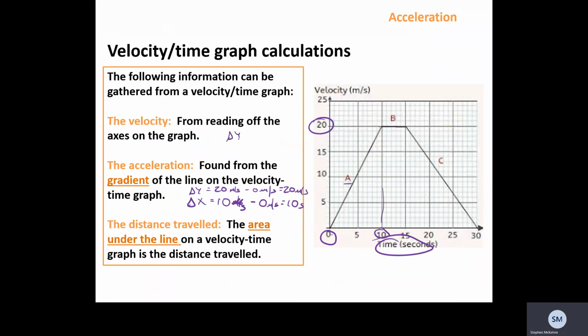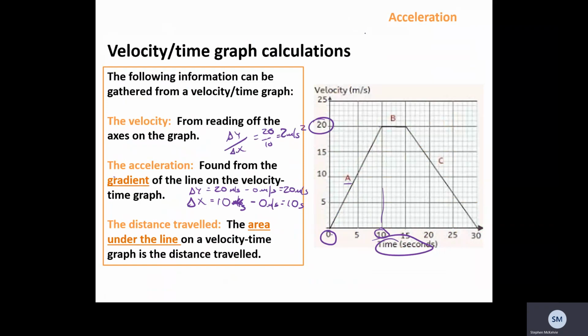Then we do delta y divided by delta x. 20 over 10 is 2 meters per second squared. To find the gradient, it's the change in y over the change in x. Now, remember this though.